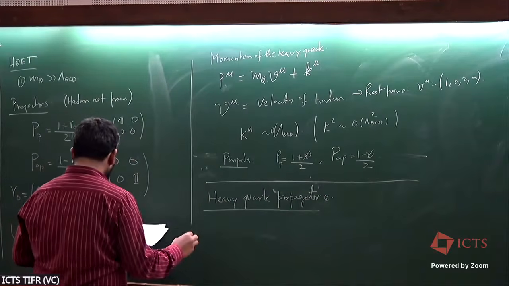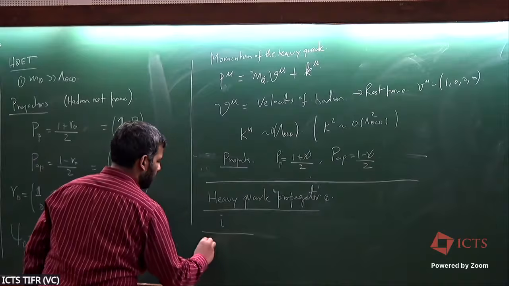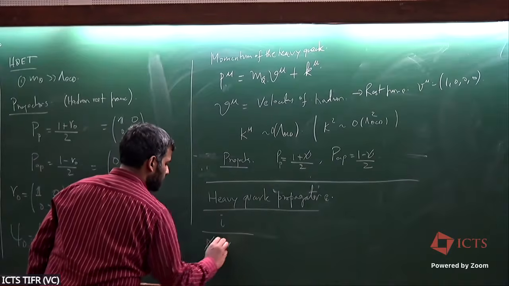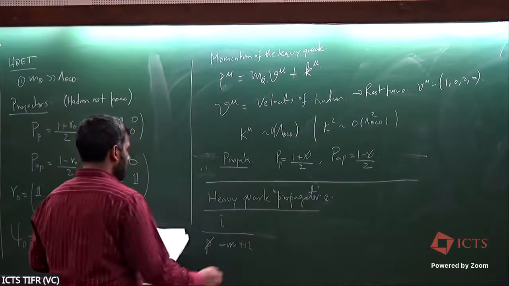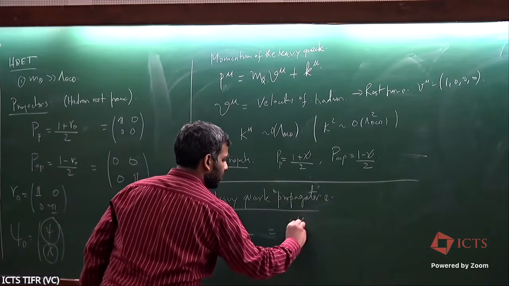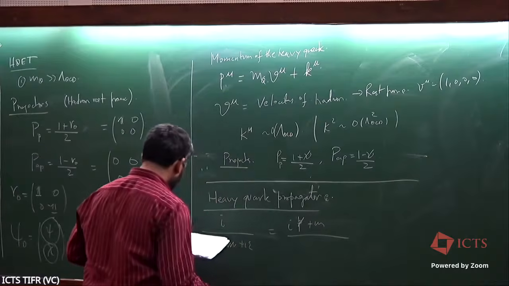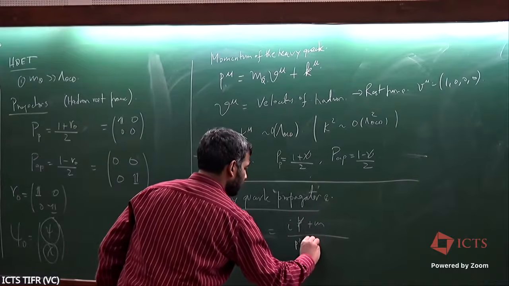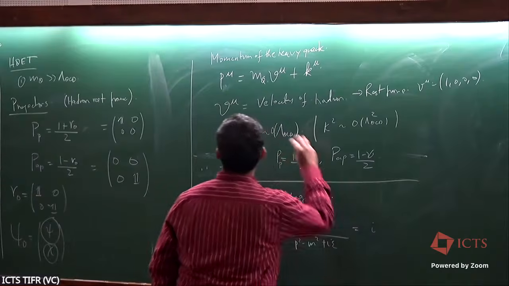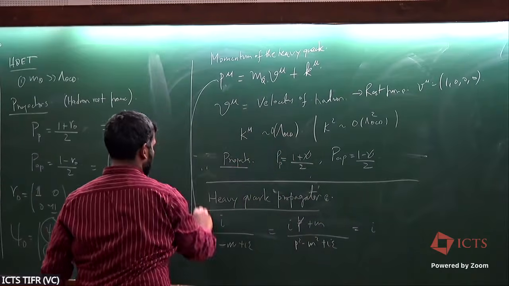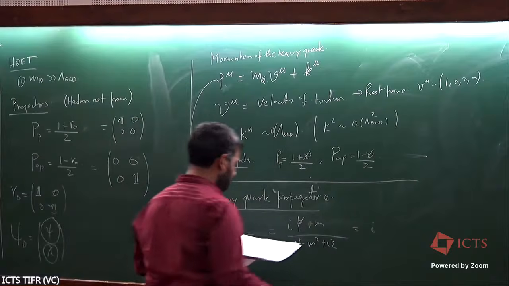So basically, in simple terms, the Dirac propagator is given by i over (p slash minus m plus i epsilon), and then I just use this expansion here into this.